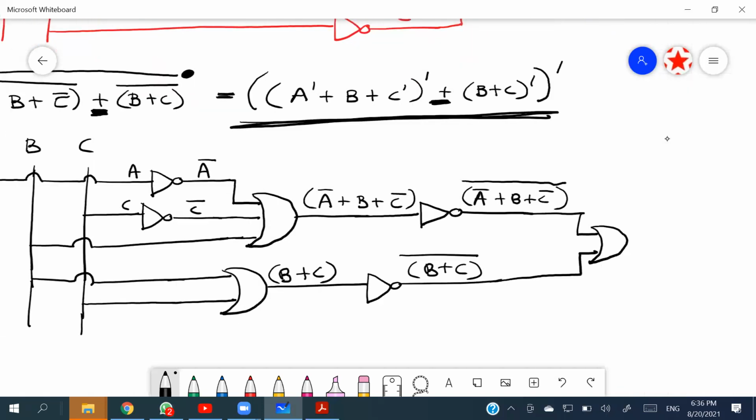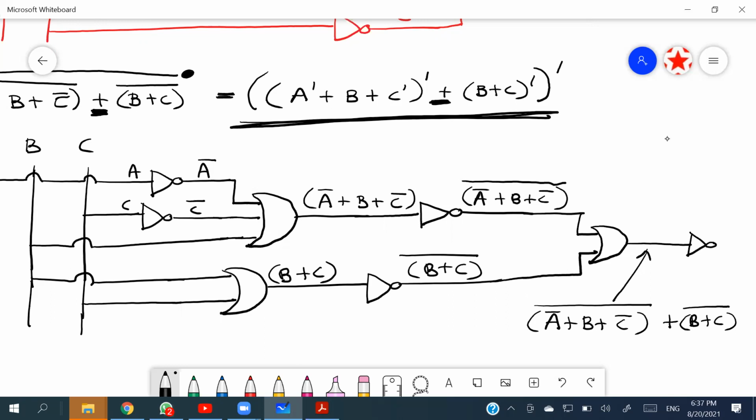So that is going to produce the addition of these things. That means A bar plus B plus C bar, total bar, plus B plus C total bar, right? And then I'm going to put a NOT.